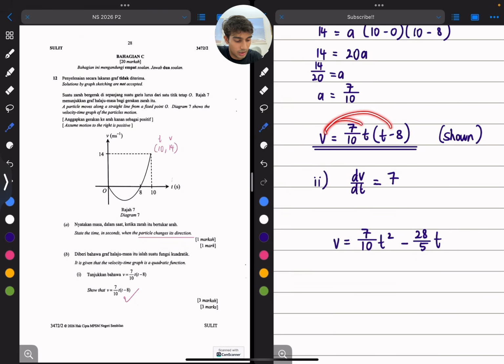Okay, so this is v. Then from here we can find dv/dt. dv/dt would be 7 over 5 t minus 28 over 5.